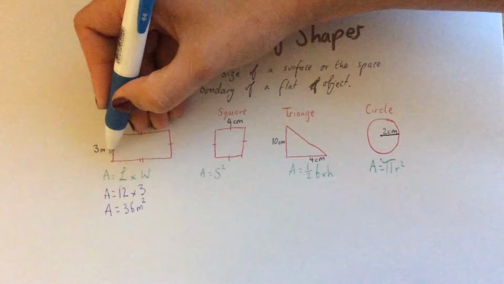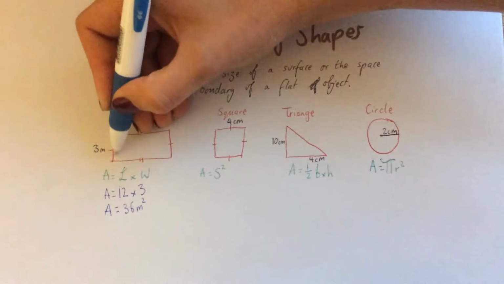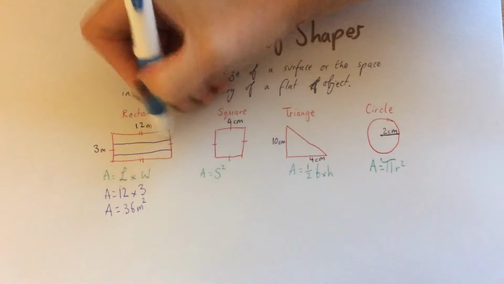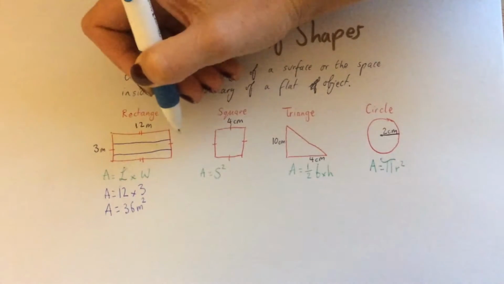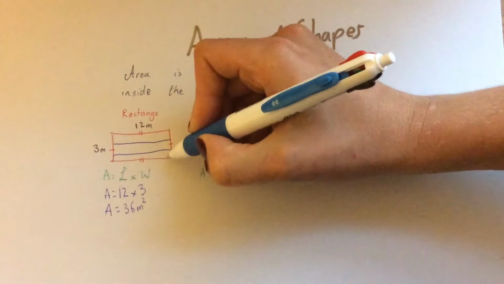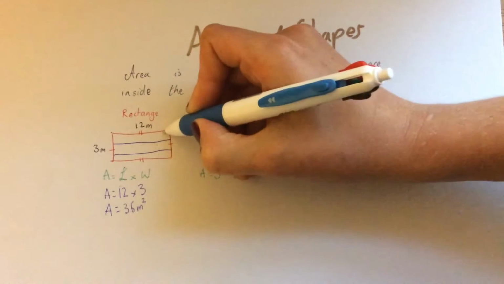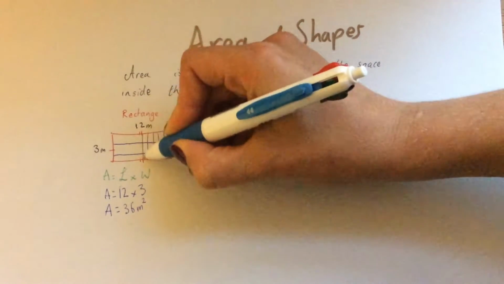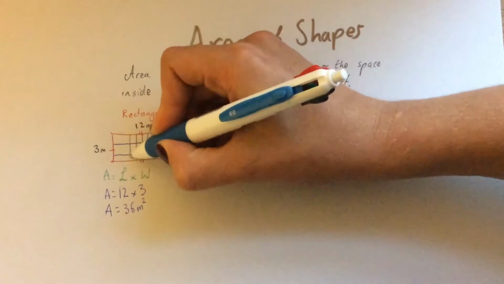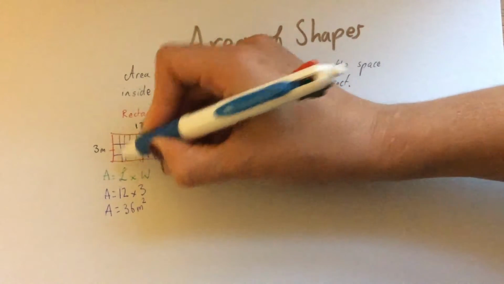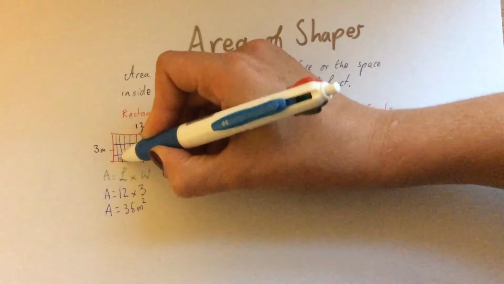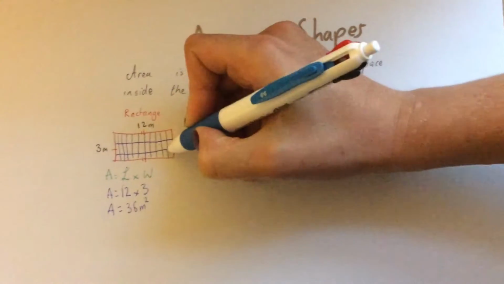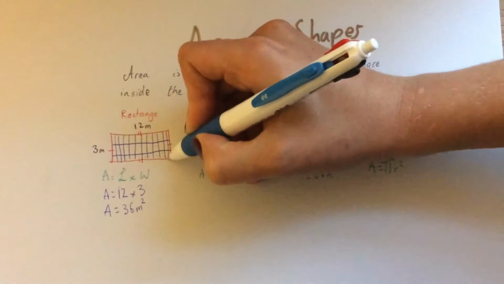If it's 3 meters here, and I divide the shape up into 3, now pardon my wonky lines, imagine that these are 3 equal lines, and then we do the same here with 12. 1, 2, 3, 4, 5, 6, 7, 8, 9, 10, 11, and I'll just split him in there.